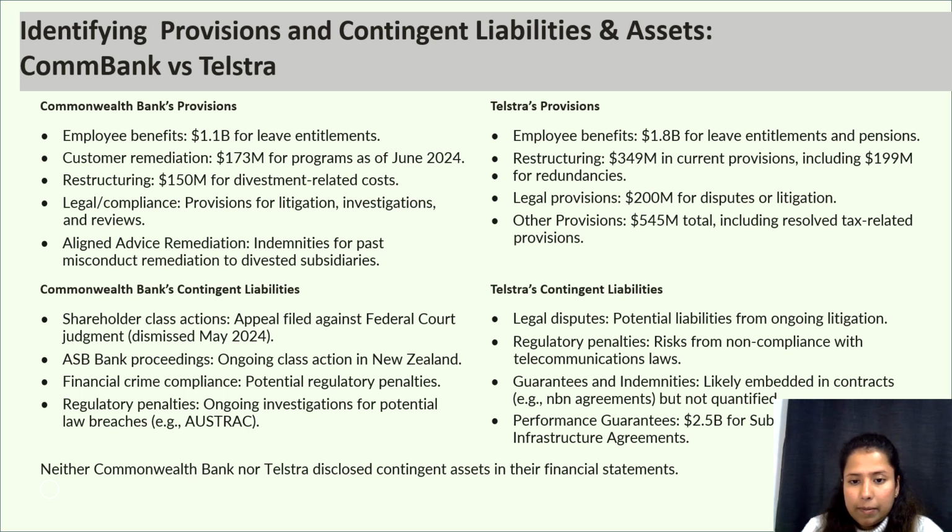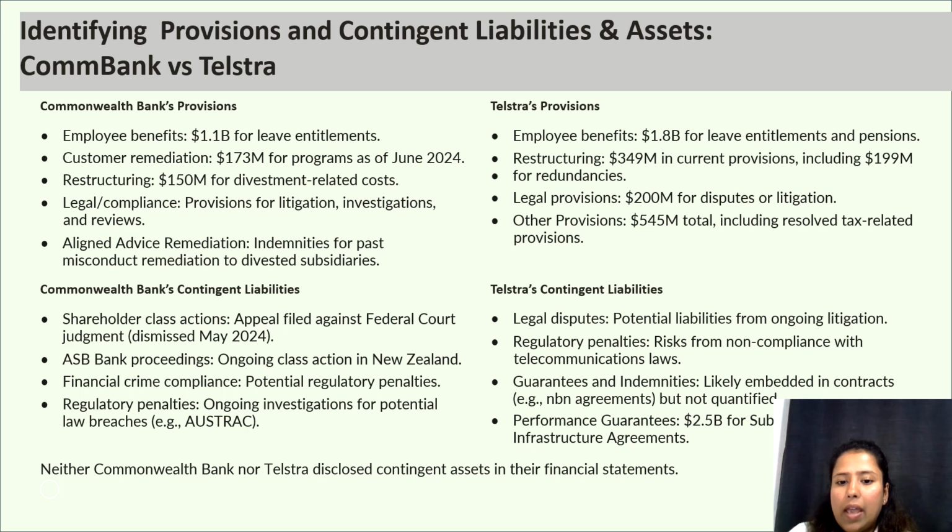So the contingent liabilities section of Telstra talks about some legal disputes, that is the potential liabilities from ongoing litigation, also the regulatory penalties risk from non-compliance with telecommunication law, which it had faced, which will be going under the contingent liabilities.